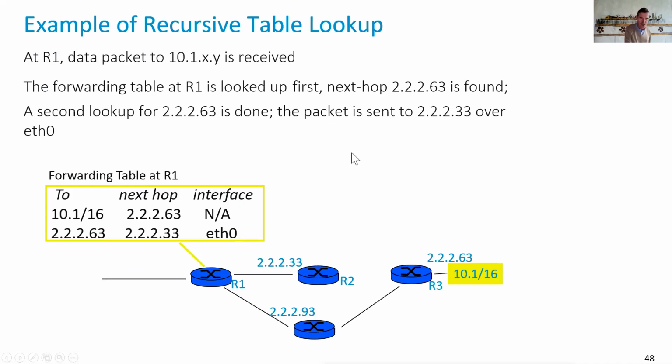Let's see an example here. Assume that this is the routing table at R1. So to a given destination, it has a next hop, which is 22263, which is this one. This is because R1 runs BGP and has learned that for this destination, the next hop was this address, 22263. So it put it into its routing table. Of course, there is no interface field like there is when we look at the routing table here.